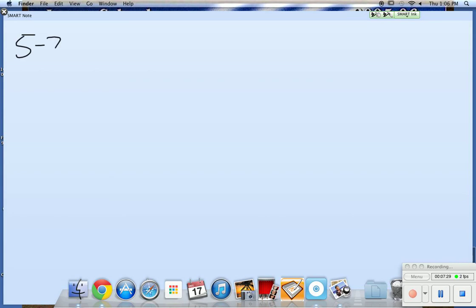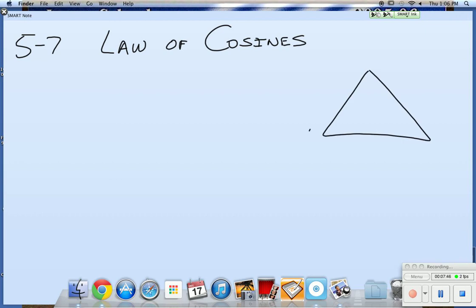5-7 has to do with the law of cosines. Law of cosines works like this. Again, we have a triangle like this, where it's set up the same way, where we have our capital letters on the angles.